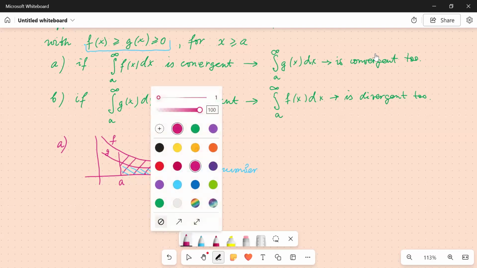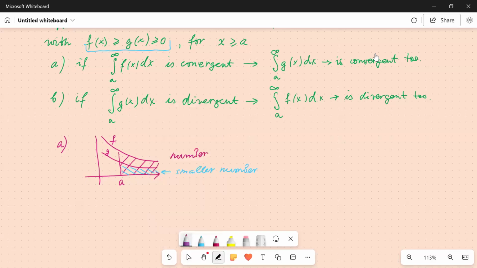Now, a different color to illustrate B. Again, f, g, and point a. Now, guys, B is talking about the bottom one, and thus it's divergent.